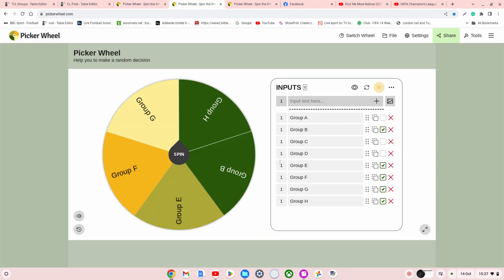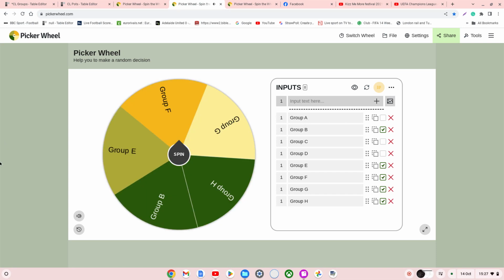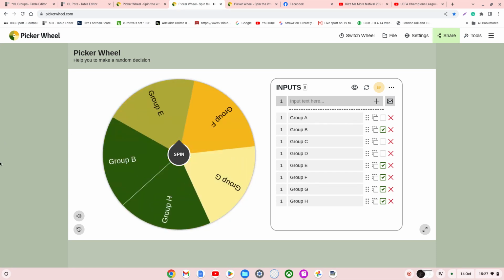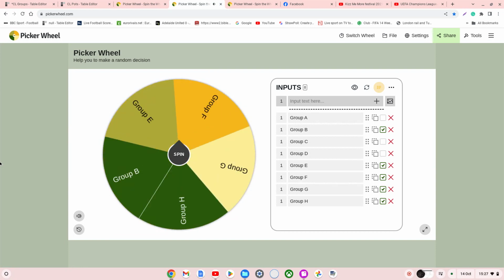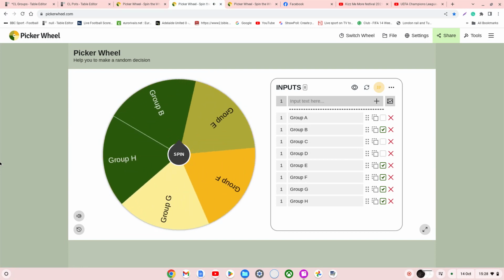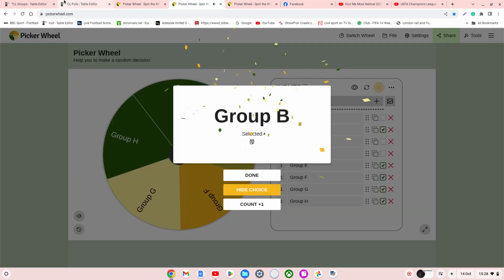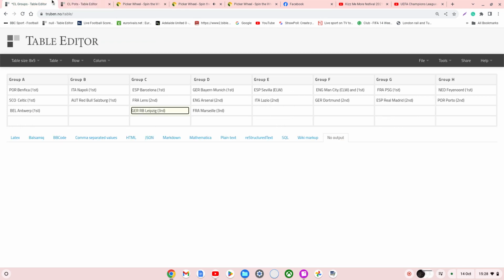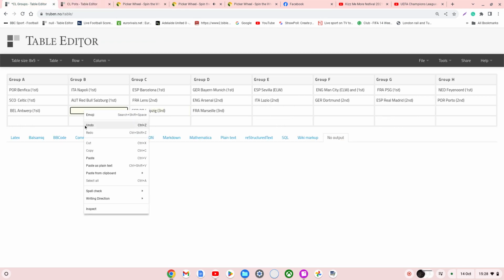Group B, E, F, G, or H. And they will be in Group B. They'll be heading to Group B, and they'll be facing Red Bull Salzburg and Napoli.